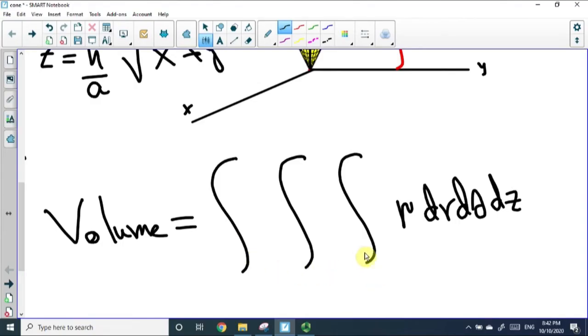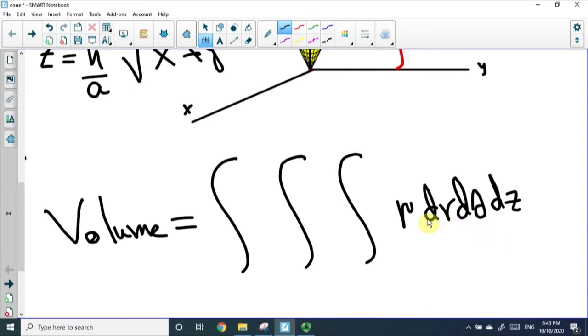Okay, so now we want to discuss how to write the limits of the integration. Now this again will depend on which order of integration we are going to start with. Will we start integrating over r and then theta and finally z, or maybe start with z and then the other two, and so on. So there is a choice here on the order of integration.